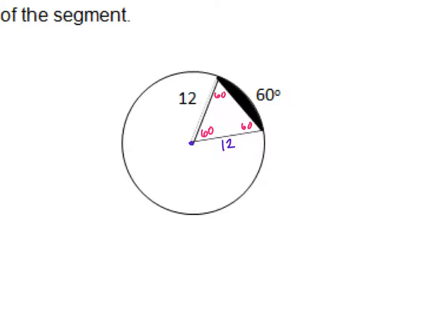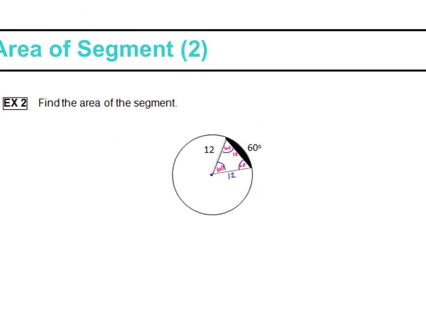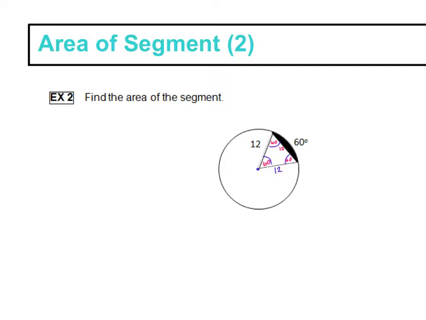So basically, I just want to point out that we are looking at an equilateral triangle. This side will also be 12 because all three angles were 60, making this equilateral. Okay, so now that we know what we're looking at, let's find the area of the segment.